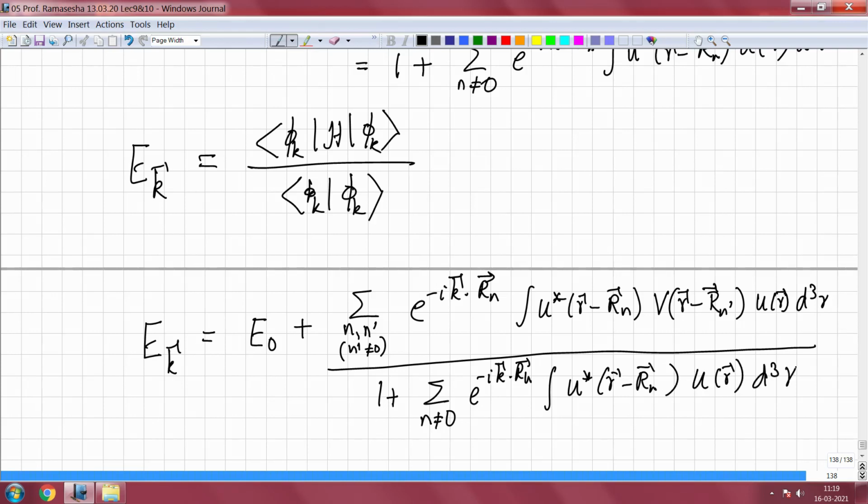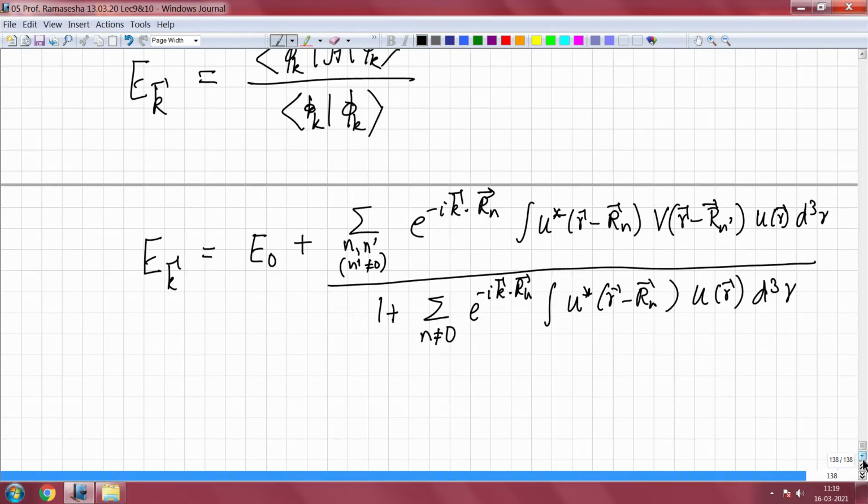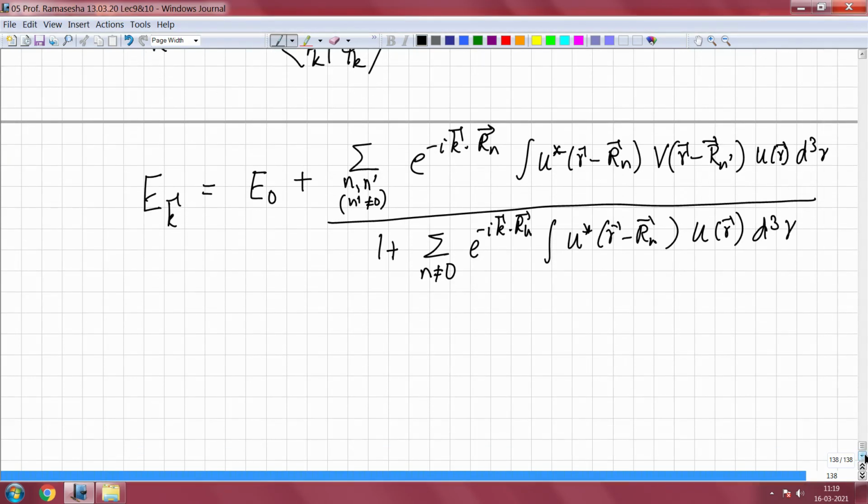So, we got an expression for this, but it looks very forbidding and complicated, because you have got double summation over lattice points in one case and summation over all the lattice points in the denominator, but it is not that bad. So, we can actually recognize the following things about the integrals that involve the Hamiltonian or the potential.